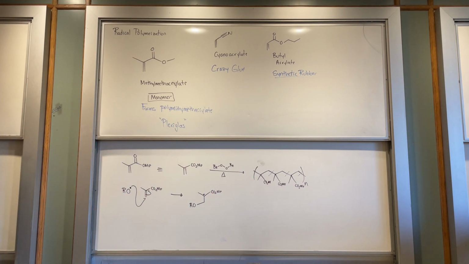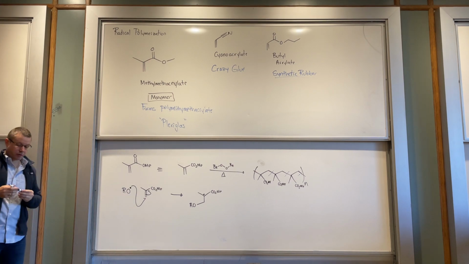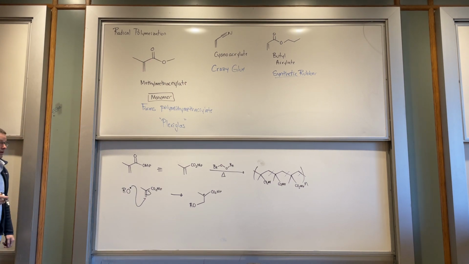The radical is more stable because it's a more substituted carbon. It can also be delocalized into the carbonyl system, so that's another source of stability for that radical.